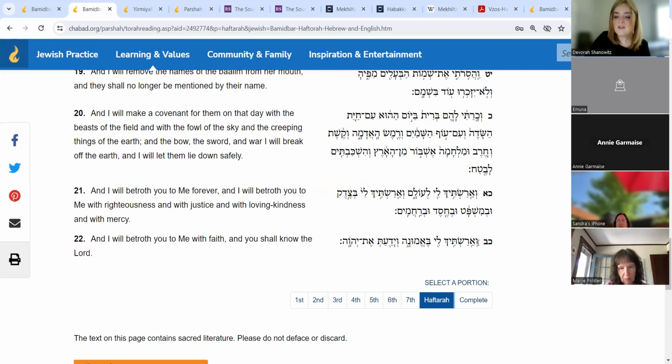And then it ends off, Varastich li, and I will betroth you be'emunah, with faith, v'yadata es Hashem, and you will know God.